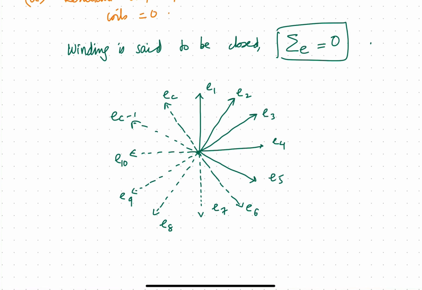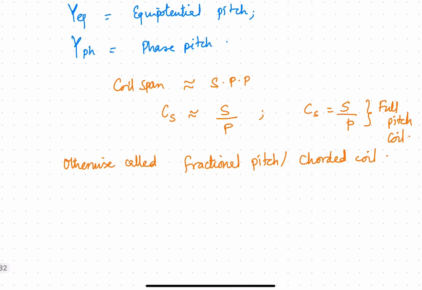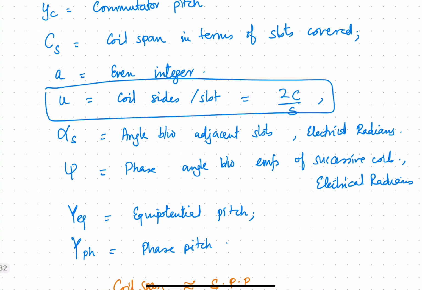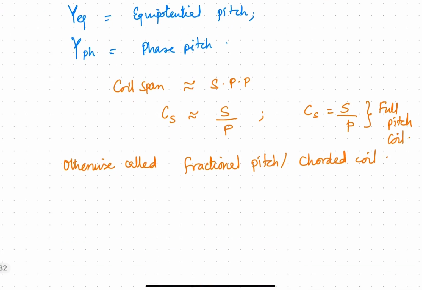the resultant of this EMF is 0 when you have the summation from 1 to C of psi, which is equal to C psi. So what is psi? We discussed this psi earlier. This psi is the phase angle between the EMFs of the successive coils.